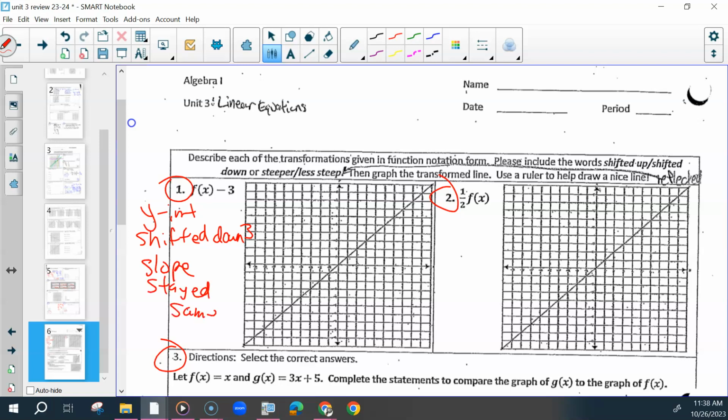So when we plot this new graph, where would our new y-intercept be? Down at -3. The slope stayed the same, so it's going to be the same as the original. Up 1, right 1, as many times as possible. And down 1, left 1, as many times as possible.